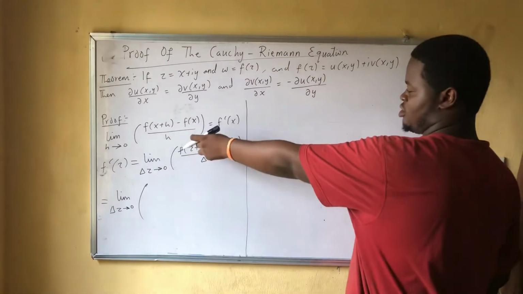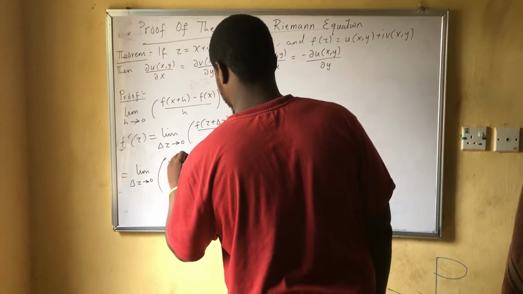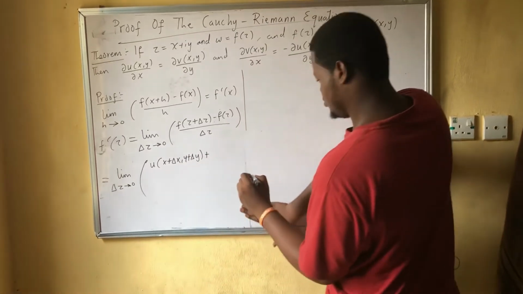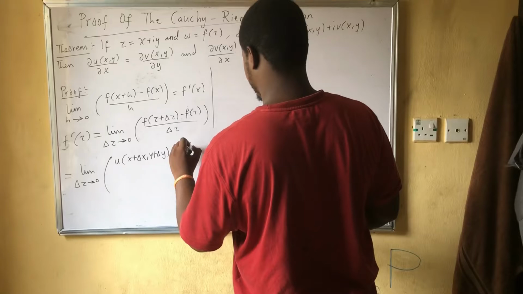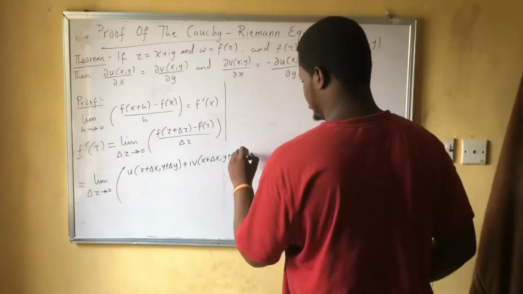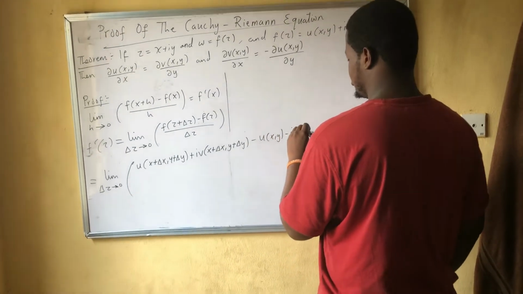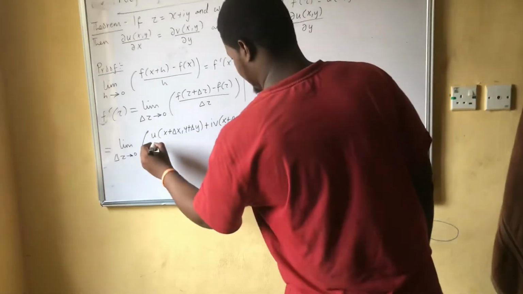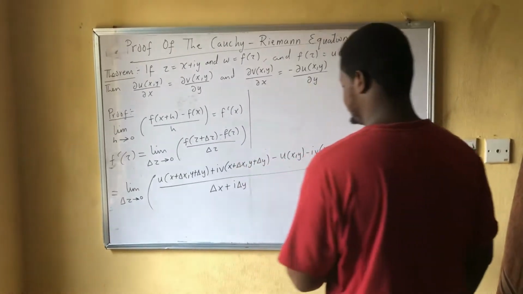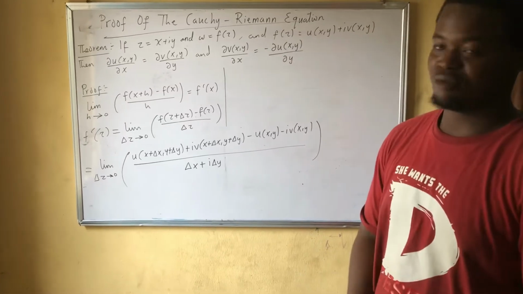We just have to rewrite this using that: u of x plus dx, y plus dy, plus i v of x plus dx, y plus dy, minus u of x y, minus i v of x y, over change in x plus i change in y. What we did was just to represent z back in terms of x and y. Very straightforward.